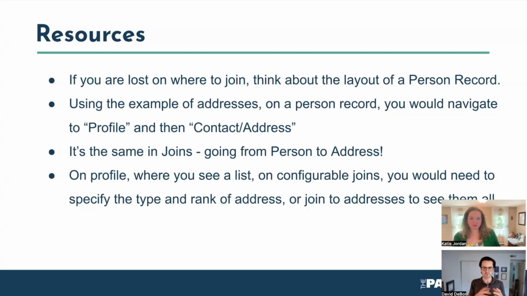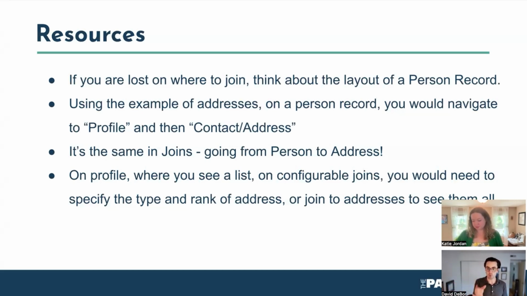So using the example of addresses, if you would navigate to their profile tab and go to their contact/address, you'll see that they might have more than one address listed there. And that's a clue that, oh, that's a one-to-many relationship. I'm looking at one person and I'm looking at all of their addresses.